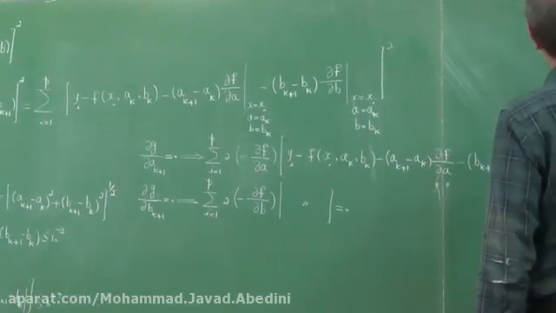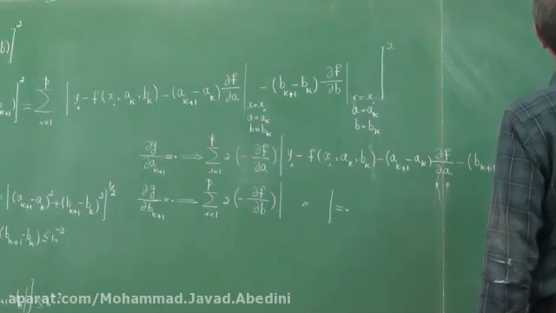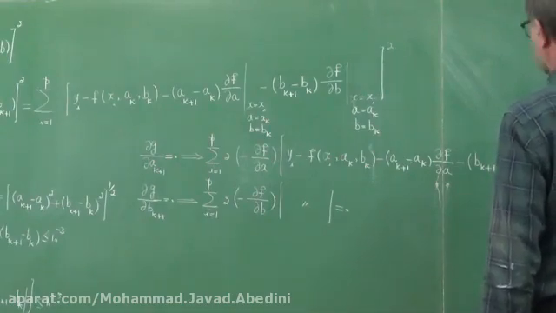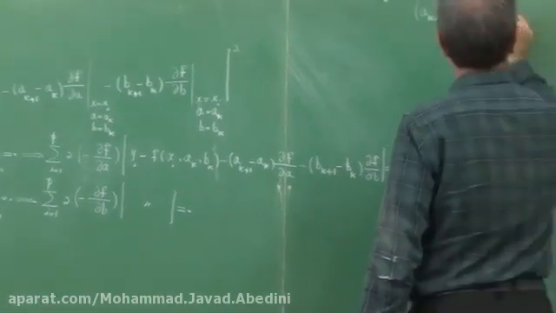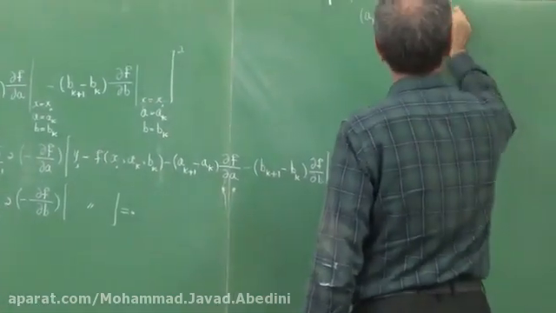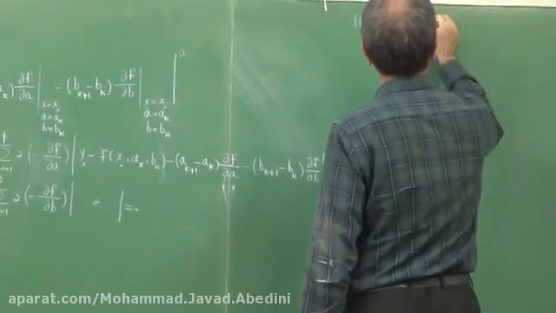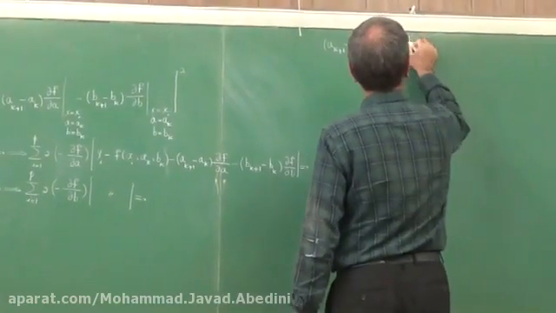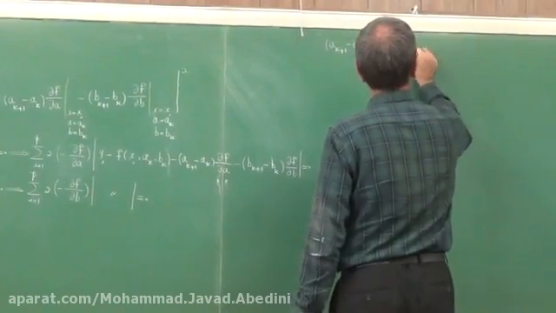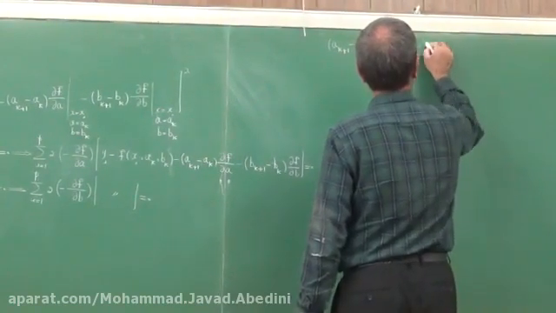AK plus 1 minus AK times summation i from 1 to p of partial f with respect to a to the power of 2.